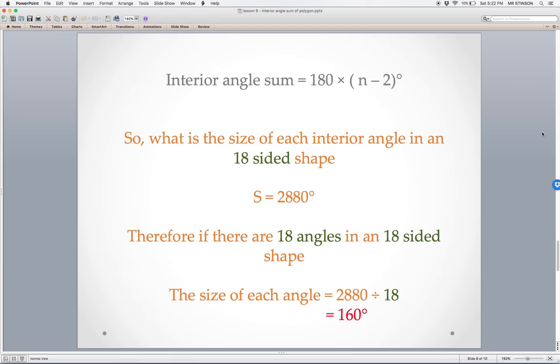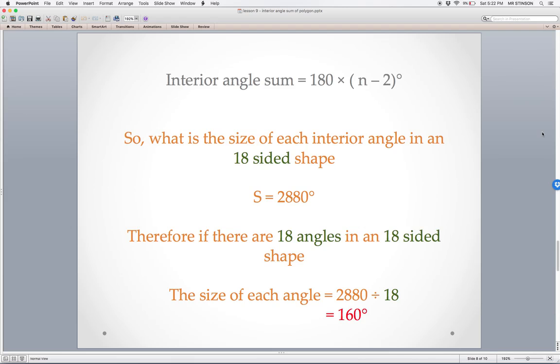If we already know that the sum is 2,880 from our last answer, then if there are 18 angles in an 18-sided shape, the size of each of those angles would simply be 2,880 divided by 18.